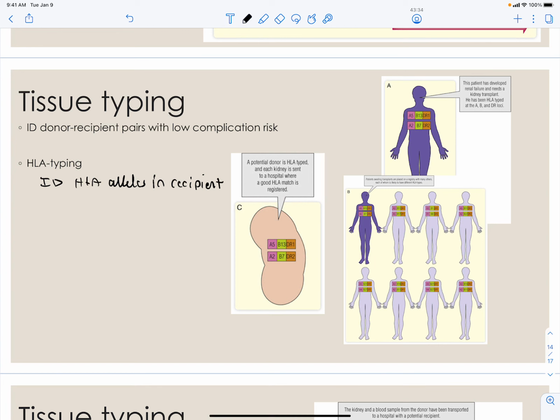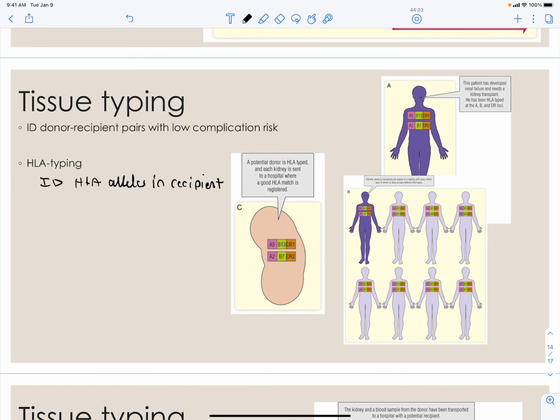Now we have different HLA alleles in all of us. There are many molecular biology techniques that are going to be used to identify or type an individual's HLA. You have to go through their genes and sequence them. You go and look at siblings and family members first to see if they have a good match and if the person is living.